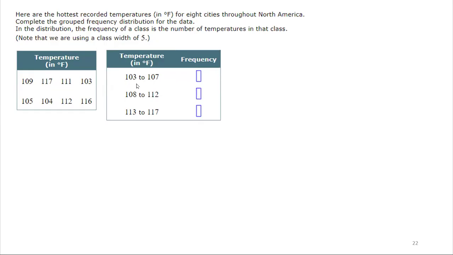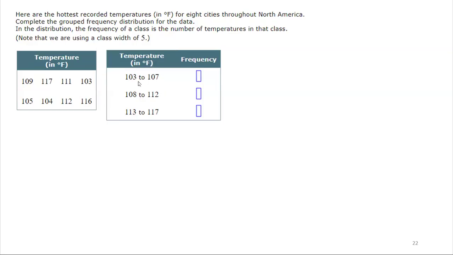Normally we would subtract this and we get 4. But in these types of frequency tables, they're also including the first number itself. So 103 will be the first one, 104 will be the second one, 105 the third one, 106 the fourth one, and 107 will be number 5.